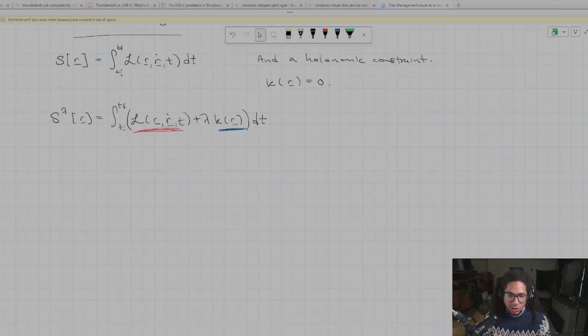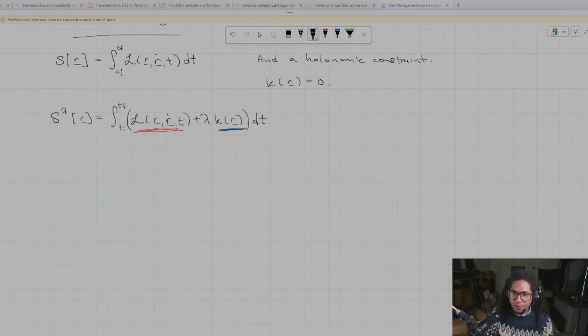Now, taking the analogy too much further would take us really deep into calculus of variations, which I don't think is probably worth it. But let me just talk us through a little bit of what's going on here.